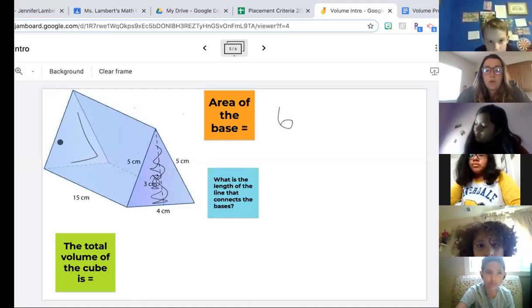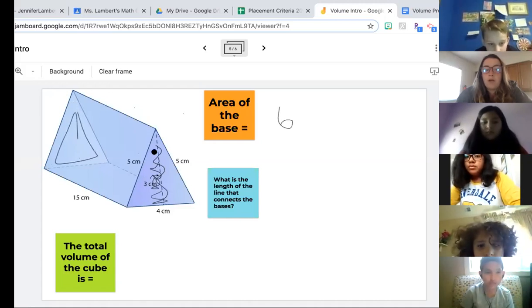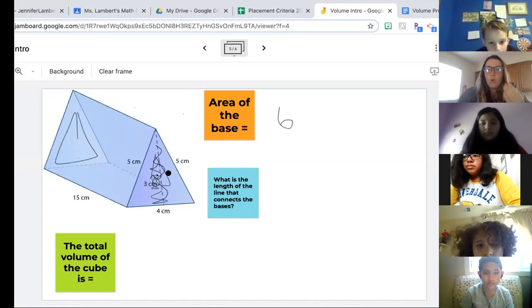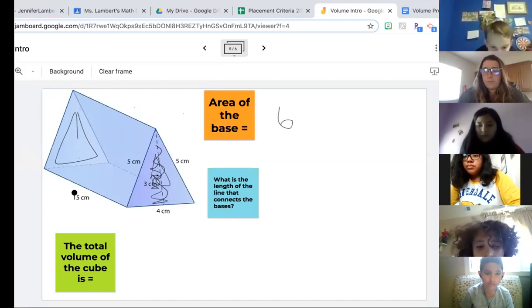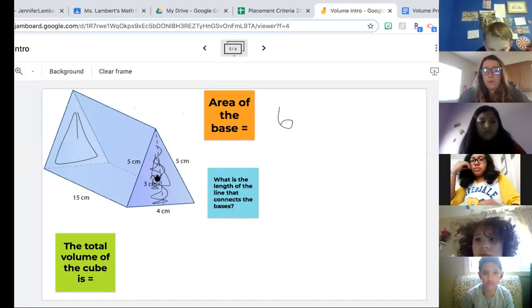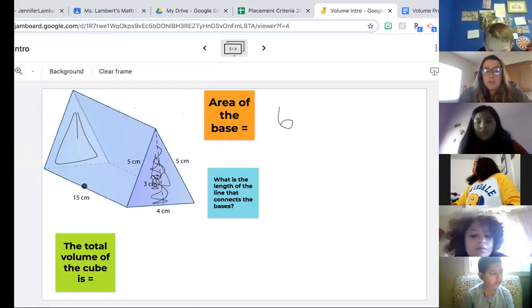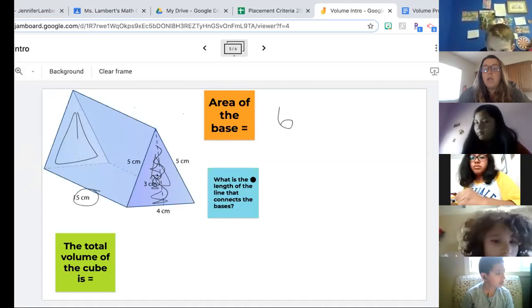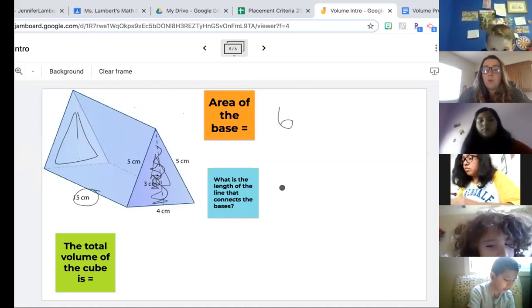I want everybody to try and type me which line. There's a triangle and there's a triangle. What's that line that connects those two triangles? So I have a triangle in the back here and a triangle here. So this 15, good. The 15 is what connects them.